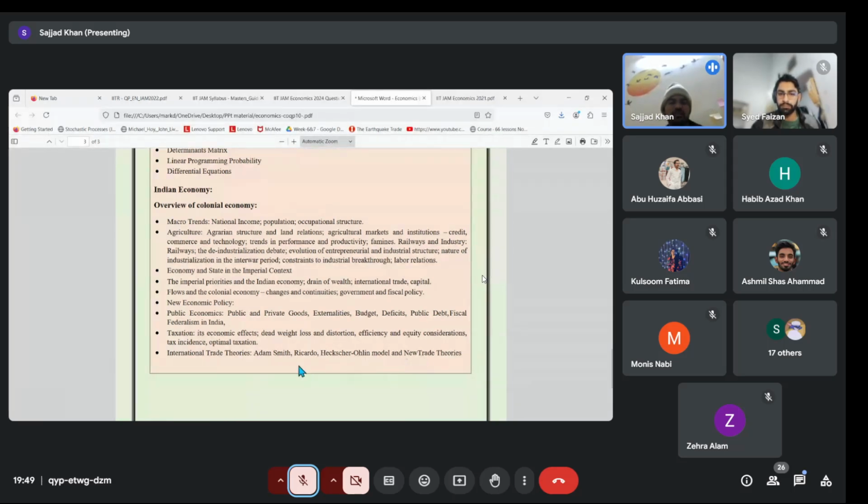There are a lot of new trade theories too, but you can google them easily, and it is not necessary to follow a heavy and bulky book for this. If you have taken international trade in your fifth semester, then it will be easy for you to tackle this.